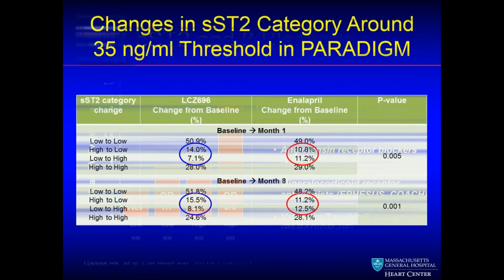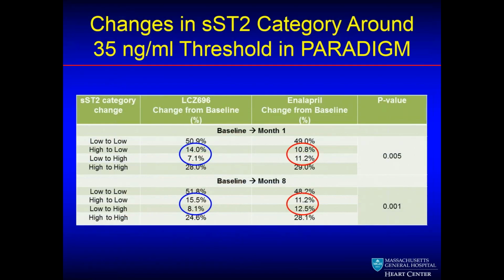In this study that was recently published in Circulation Heart Failure, treatment with sacubitril valsartan was associated with a significantly larger number of patients showing a reduction in their ST2 values. And in those patients with a reduction in their ST2 values, a superior outcome was seen. There are only 2 biomarkers in the PARADIGM study that have shown associations between change after treatment with sacubitril valsartan and improved outcomes.